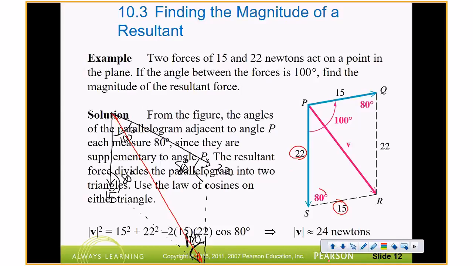Or do it here, side, angle, side. So they found the resultant vector at 24 using the law of cosines.